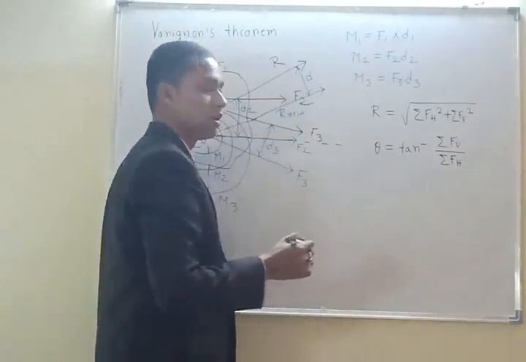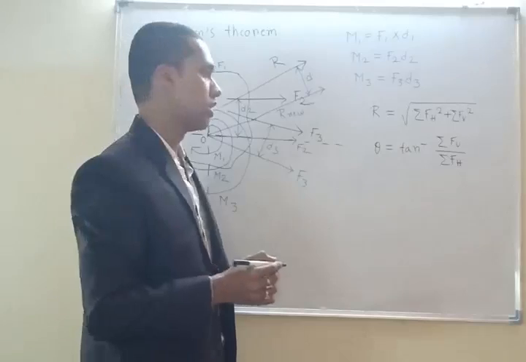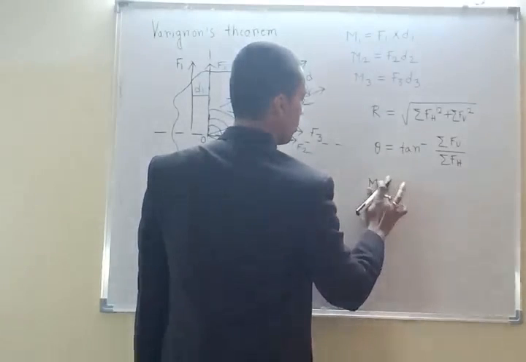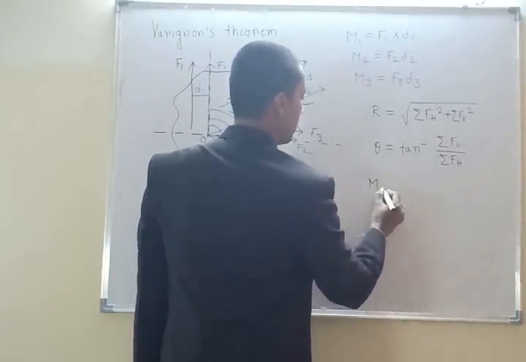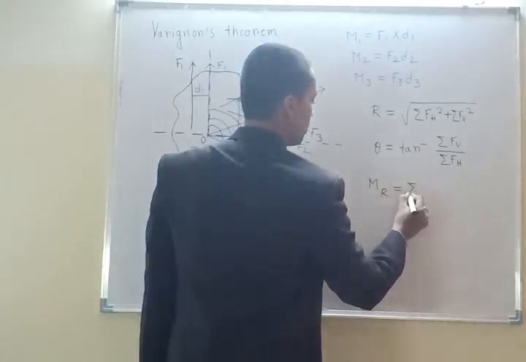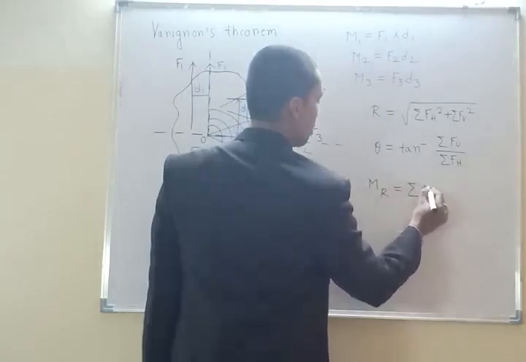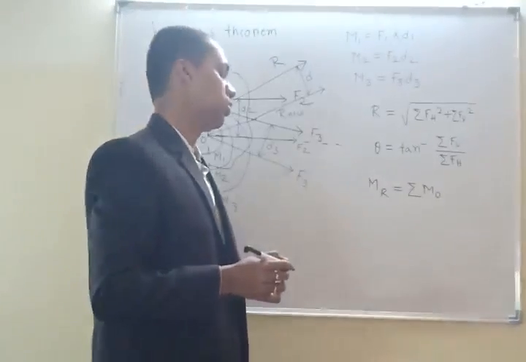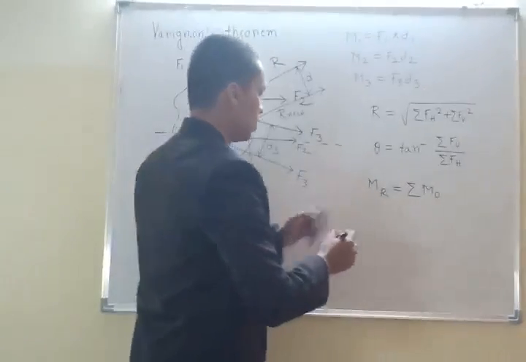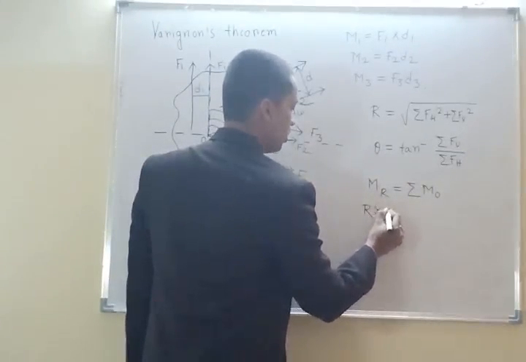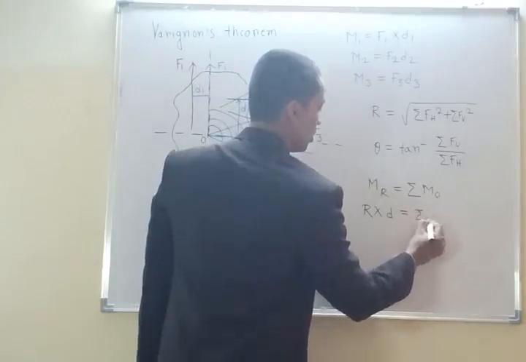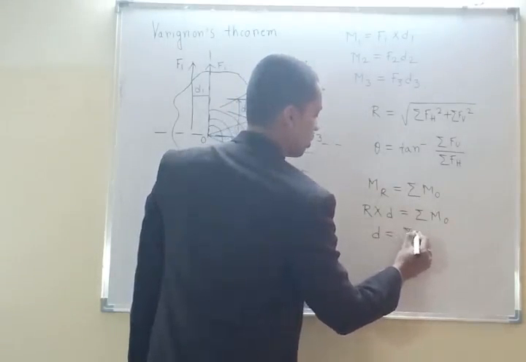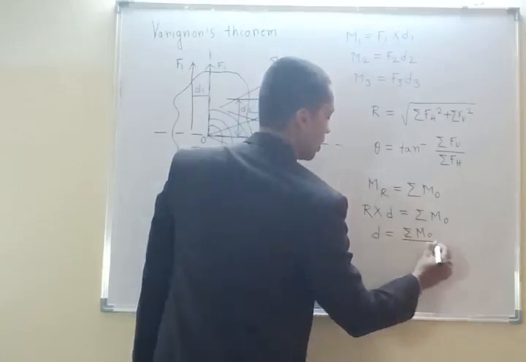Now for the location of the new resultant, the moment of the resultant should be equal to the summation of all the moments acting about O. So this resultant is R into D, equal to the summation of M0, so D is equal to summation of M0 by R.